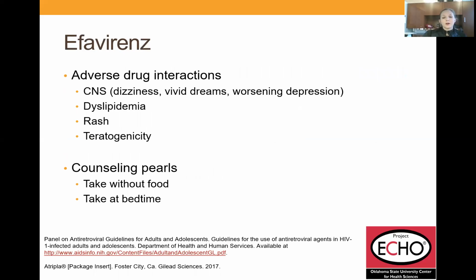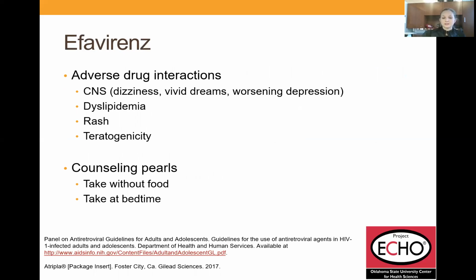So the reason efavirenz was moved from preferred is because of its adverse effect profile, specifically related to the CNS profile. And so worsening depression, including suicide ideation, was documented in at least one article and study. And so that kind of moved it from its preferred standing to just kind of the other category.